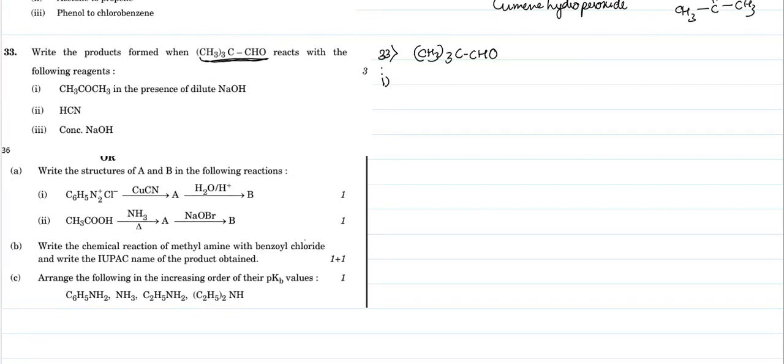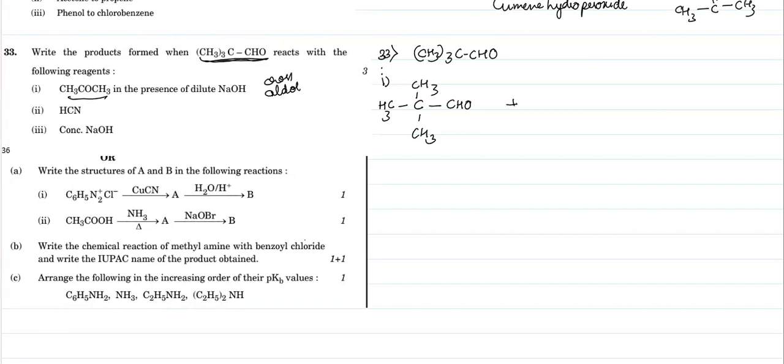So when this particular molecule, I'm going to open the structure up, CH3, CH3, CH3, CHO, reacts with this, that is CH3COCH3, acetone, in the presence of dilute sodium hydroxide. So this is the aldol, or in this case the cross-aldol condensation reaction.